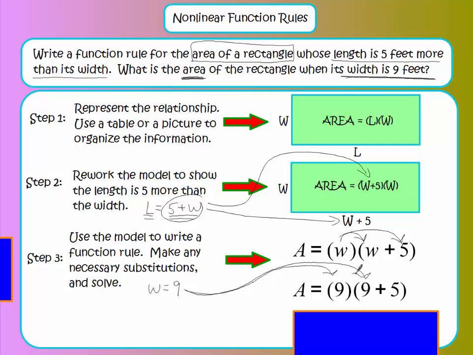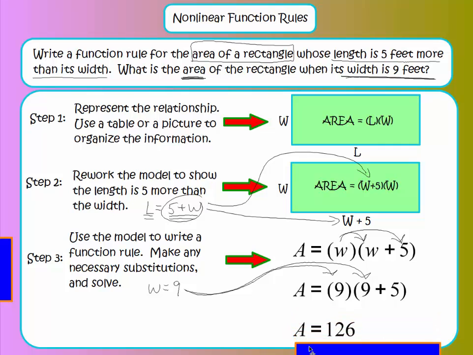You can do this two ways. I think the easier way is to simplify the parentheses and say 9 plus 5 is 14. So I'd have the area equals 9 times 14. You grab your calculator and you determine the area of the rectangle is 126 when its width is 9 feet.